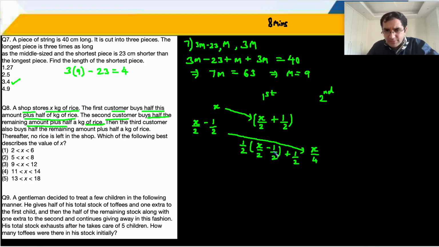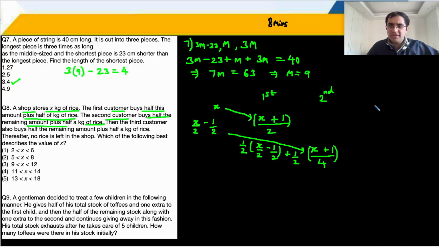And minus 1 by 4 plus 1 by 2 is basically plus 1 by 4. It's plus 1 by 4. Now let me just rewrite this a little bit. I want to take the denominator common. So this is X plus 1 upon 2 and this is X plus 1 upon 4. Right, so after giving to the second customer, now what is the leftover?